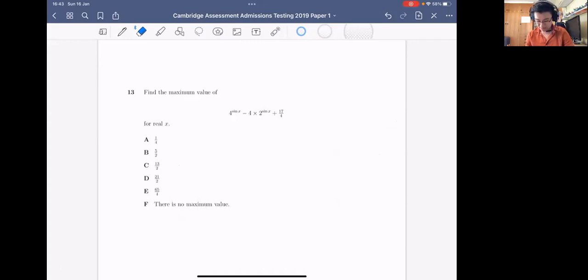Find the maximum value. Okay, I think this is another one of those quadratic questions. So 4 is 2 to the 2 sine x.